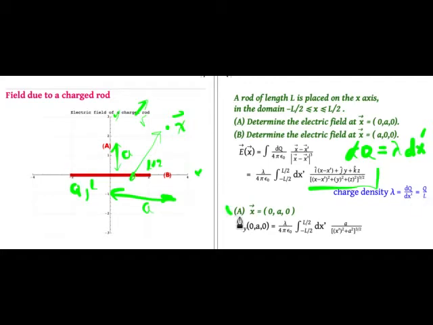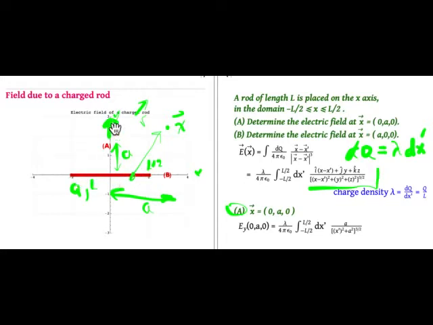So let's consider part A. X is the point 0, A, 0. Now, I think you can see from the problem, at the point A, the direction of the field will be in the y direction, because this is a positively charged object, and I'm on the midpoint of the object.